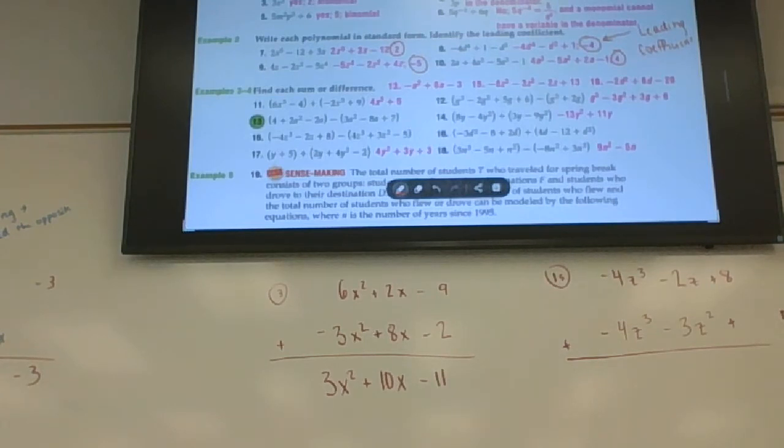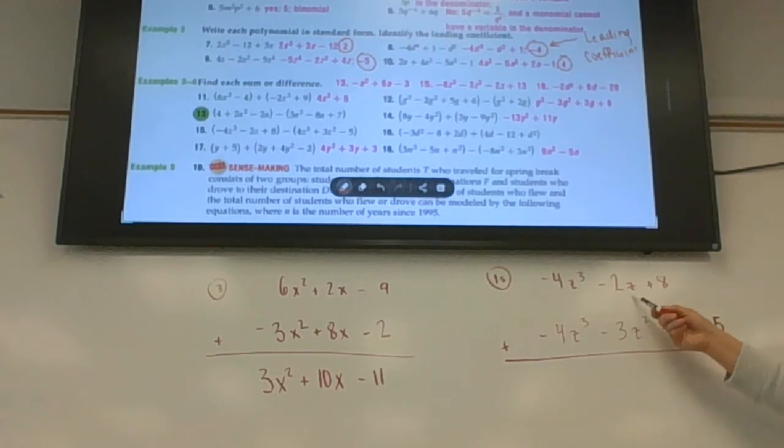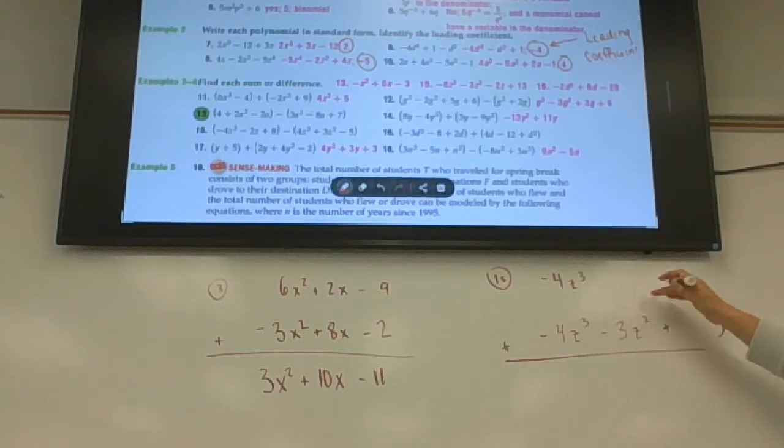And I see the way I have it lined up, it didn't really line up perfectly. Because the second polynomial had a z squared and the first one didn't. So I'm going to erase the top one and leave a space for z squared. So now I'm going to double check, did I line up everything right?